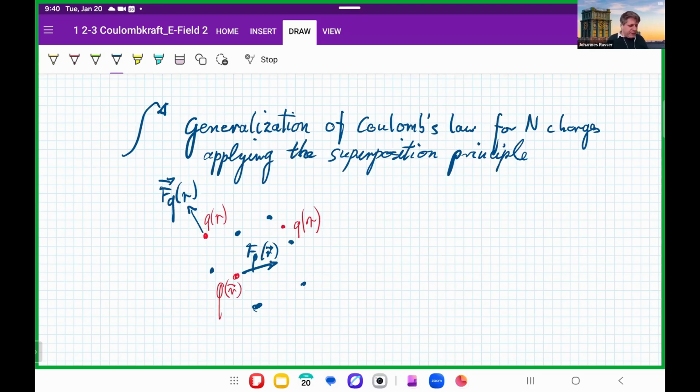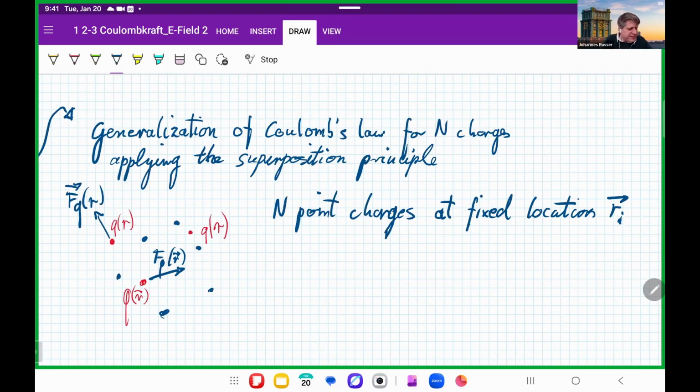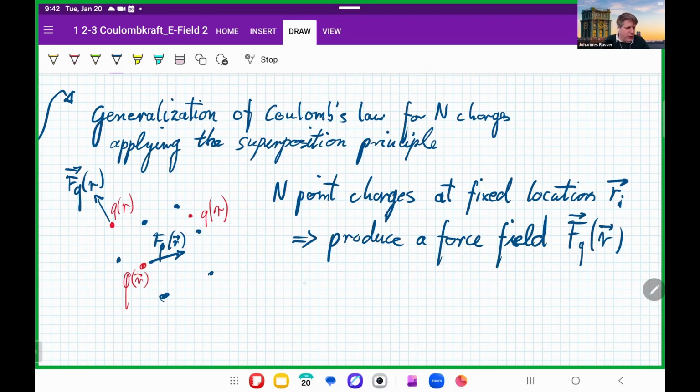So you have here n point charges which are at fixed locations r sub i. And these point charges are producing a force field. At each location in space, you can put a test charge, and this test charge will experience an electrostatic force. So you move this test charge around and see what force it is experiencing.